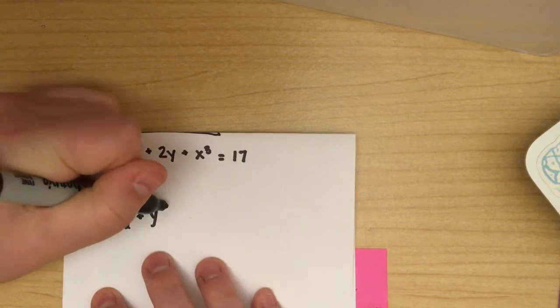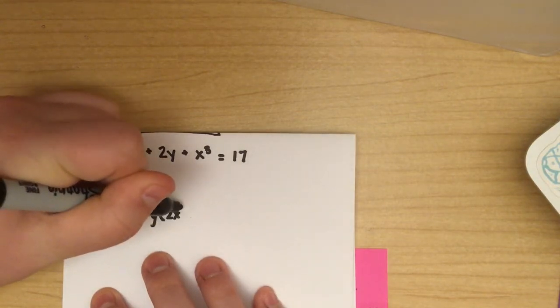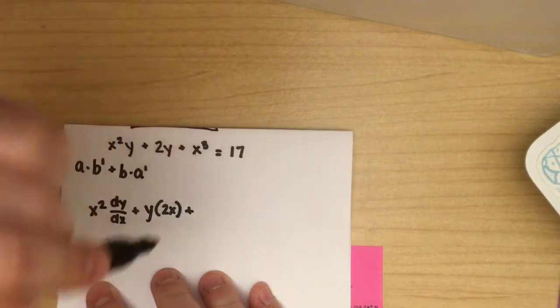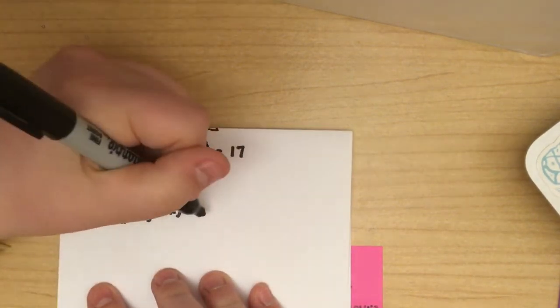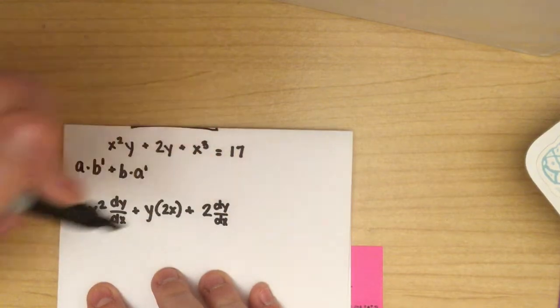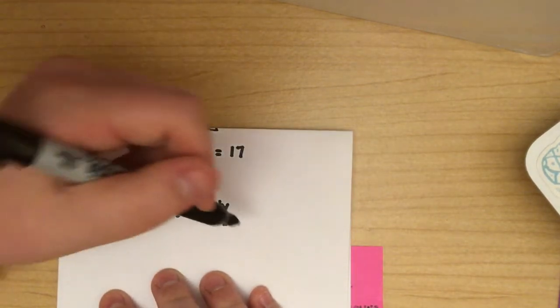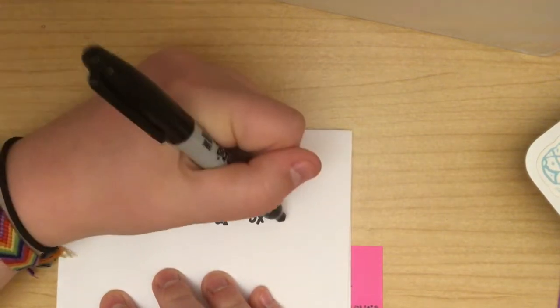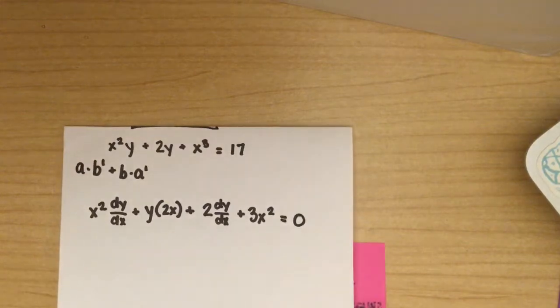So that would be 2x. And then the next one, the derivative of 2y is 2 dy dx, and the derivative of x cubed is 3 times x squared, and then 17 goes to 0.